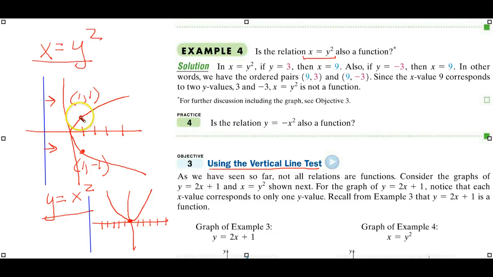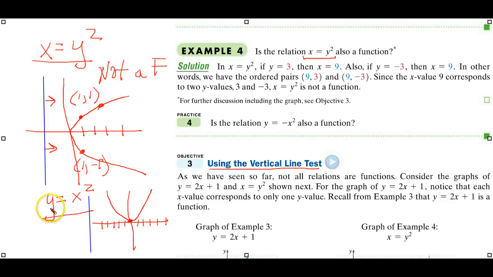Well, when it got here, it would intersect there and there. Here, it would intersect there and there. So the answer is yes. This vertical line would intersect our graph in more than one place. If it does, we say it does not pass the vertical line test. So this would be not a function.